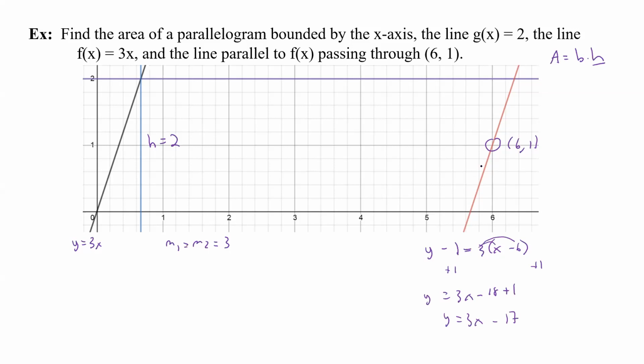Now we have to find that point, because if we know that point, we'll know how big our base is, since we can just go from 0 to whatever that is. So we set this equation equal to 0 and solve for x. Y equals 3x minus 17, and we want y to be 0, so 0 equals 3x minus 17.